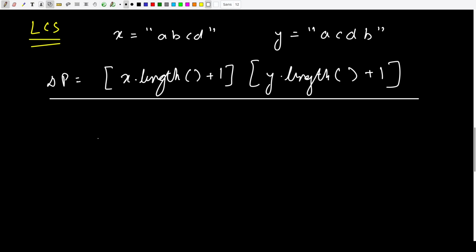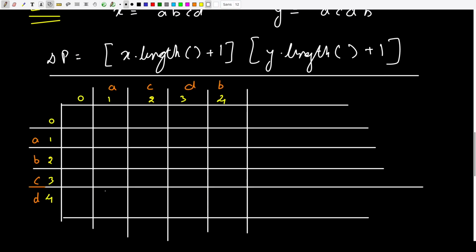Now let's make a DP table. So let us say this is our DP table. Please note the indexes 0 to 4 and over here also 0 to 4. So this is my string x and this is my string y, and my string x starts from index 1: a, b, c, d. Similarly, the string y starts from index 1.